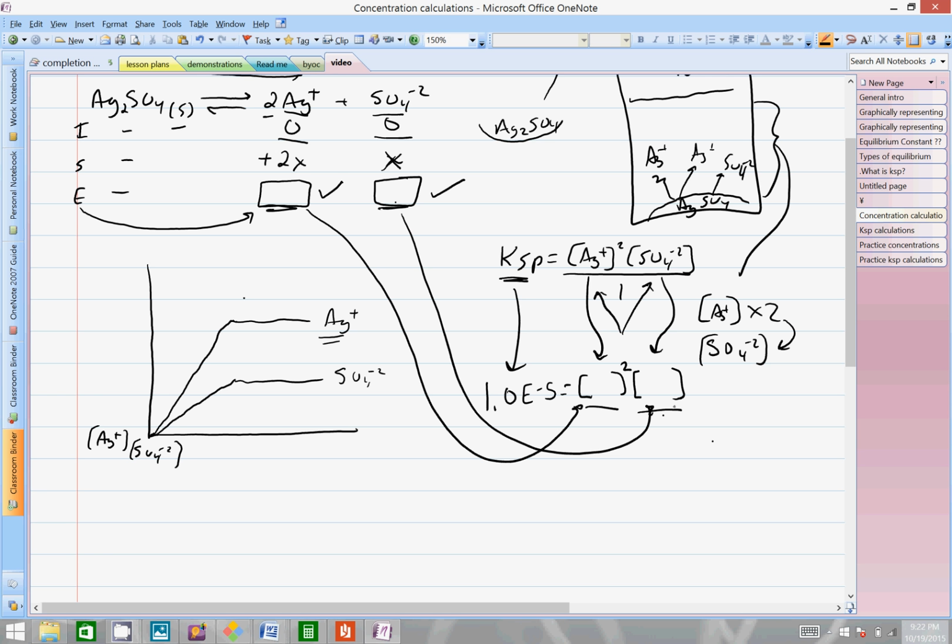So if I start with nothing, I gain 2x, I now have 2x. Start with nothing, I gain x, I now have x. So 2x represents the concentration of my Ag+, and x represents my concentration of my SO4 2-.